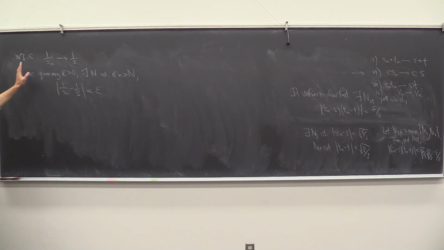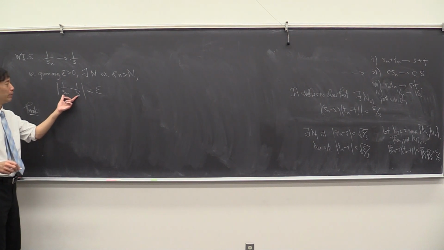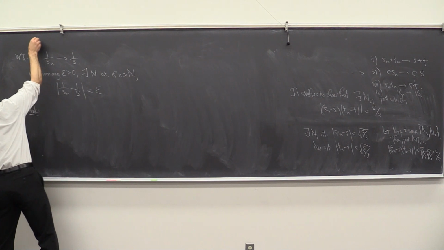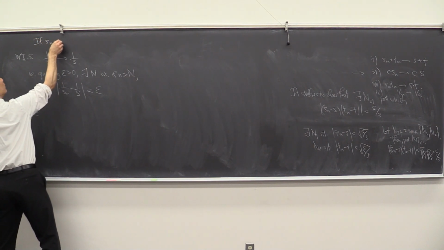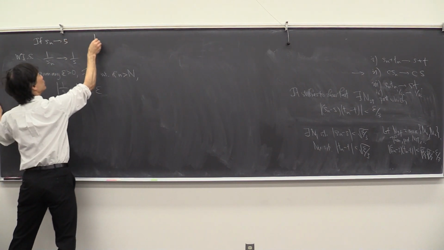I know it's dull to write what you want to do, but I think it's useful. Okay, so let's think for a second. We're trying to get control over this thing, and what we have is control over this thing.